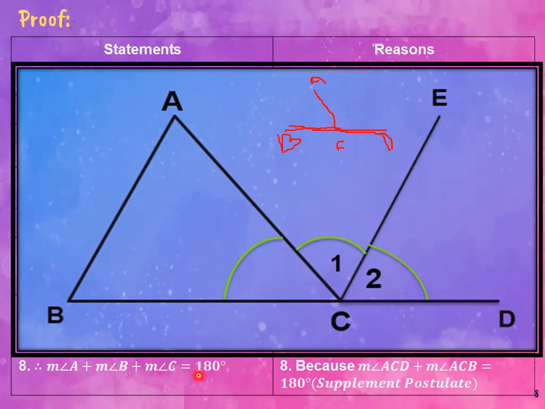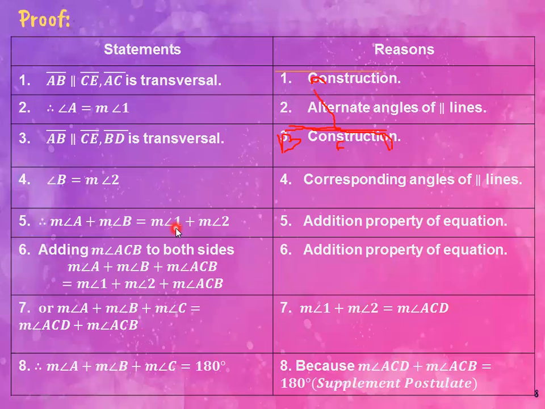So what have you learned today? You have learned that you have to prove that the measurement of angle A plus measurement of angle B plus measurement of angle C is equal to 180 degrees. To prove all this, you have to construct some lines on the diagram, on the figure, and then you prove it with the help of alternate angles, corresponding angles, and the addition property of equation.